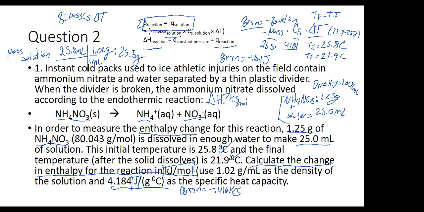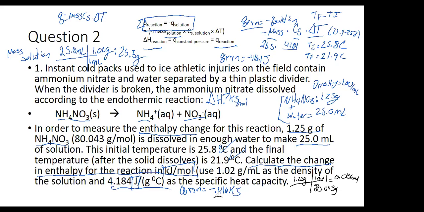So like our previous problem with naphthalene, I want to know how many moles. I want this in kilojoules per mole. So I want to know, for the heat that we just measured, how many moles of ammonium nitrate caused that change. If I have 1.25 grams of ammonium nitrate and 80.043 grams for every 1 mole, the amount of moles of ammonium nitrate I used to create this heat change was only 0.0156 moles.